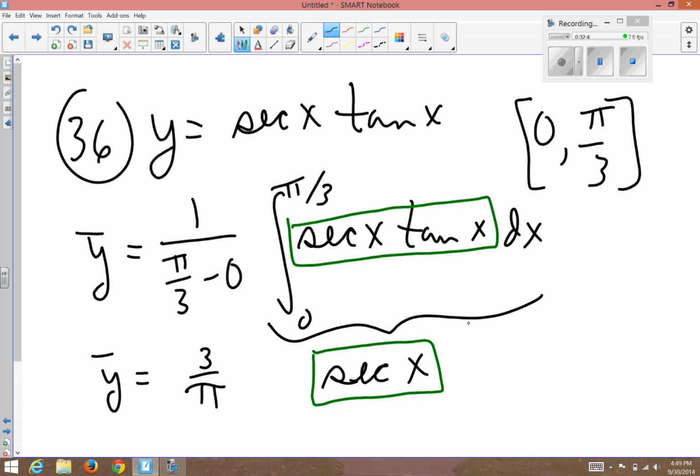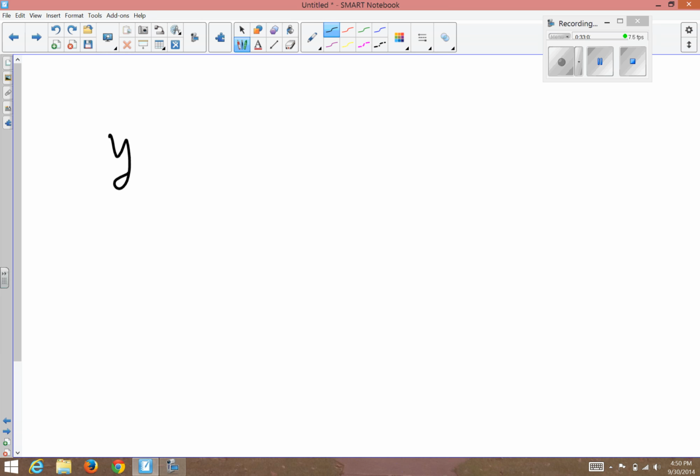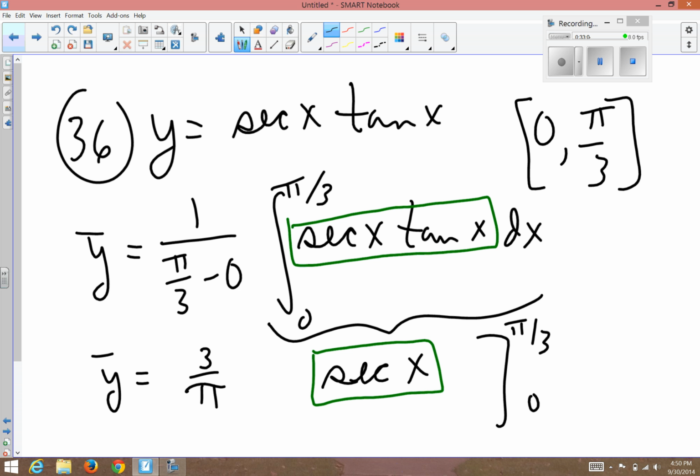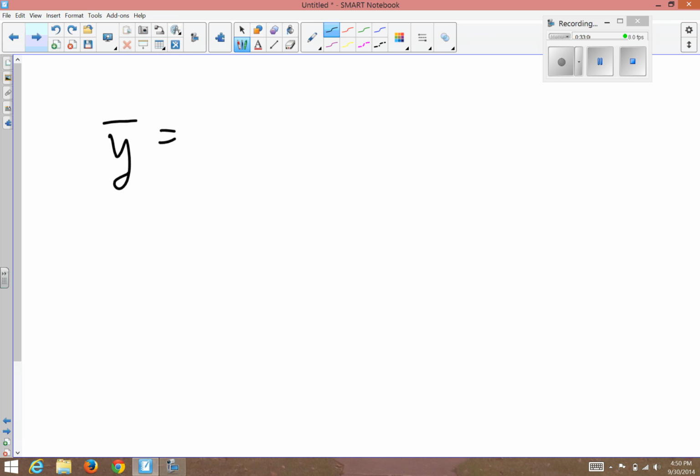And I'm going to attach a bracket here with pi over 3 up at the top and 0 down here. So that tells me to replace x with pi over 3, then make a subtraction symbol, and then replace x with 0. That's where the two numbers are, 0 and pi over 3.